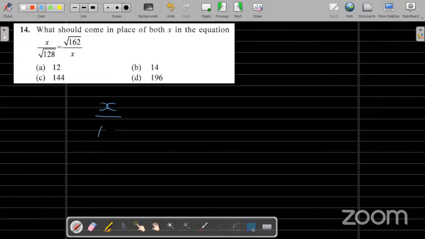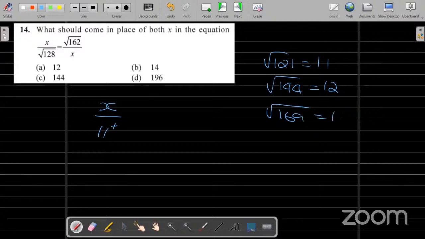Root of 128 will be somewhat more than 11, so x is divided by a number which is more than 11. Root of 121 is 11, root of 144 is 12, and root of 169 is 13. These three things we know.